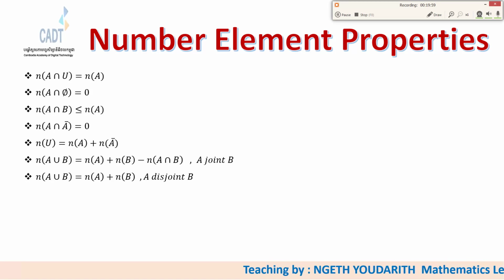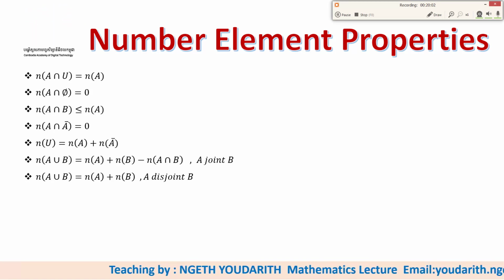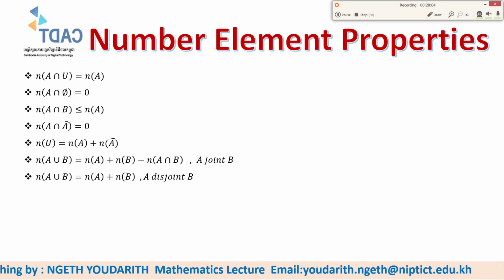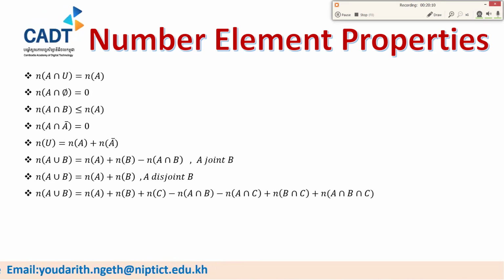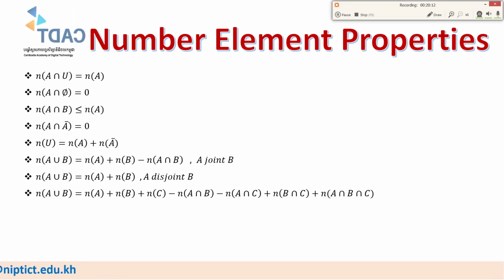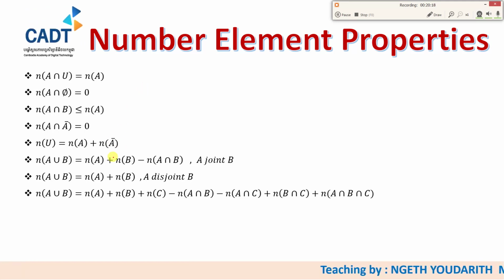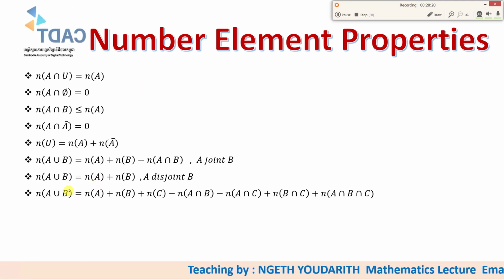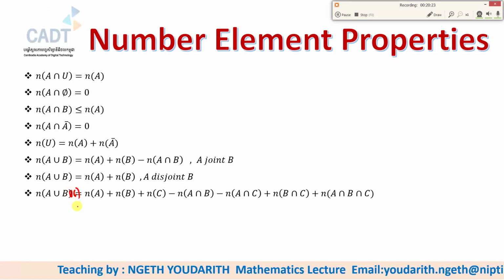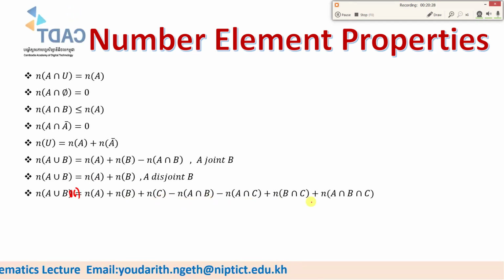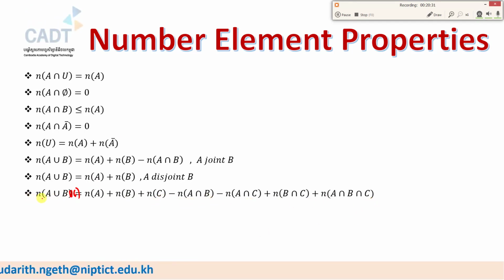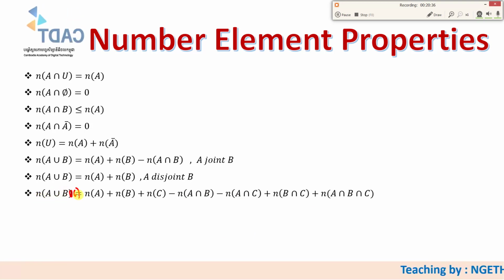If the cardinal of A union B is equal to the cardinal of A plus the cardinal of B, it means that A and B are disjoint. For A union B union C, we have A plus B plus C minus the pairwise intersections plus the triple intersection. This is the cardinal of A union B union C.